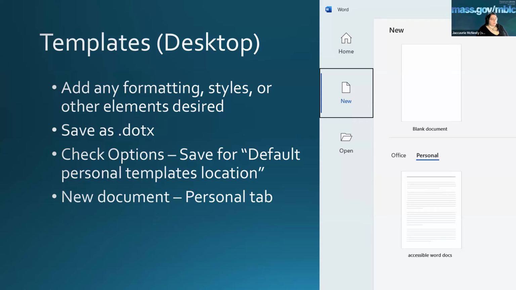Make note of that file location, and then after you've saved it, make sure you go into your settings, because for a lot of people, their default personal templates location is not defined in Word. So you might create this great template, you want to share it out to people, and they may try to open Word and try to access it, and it's not showing up.